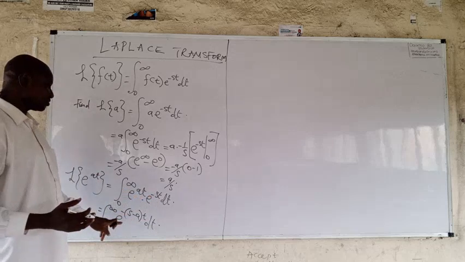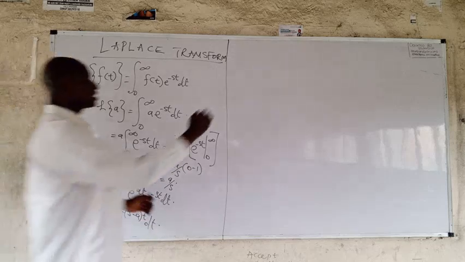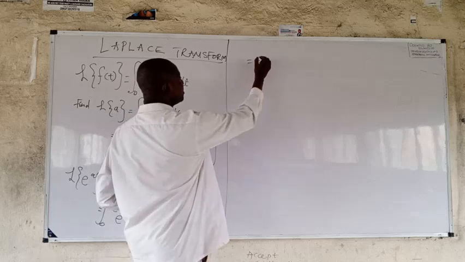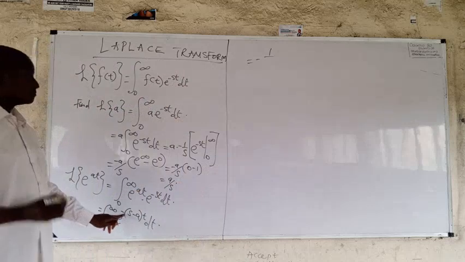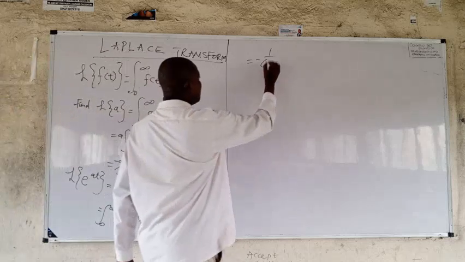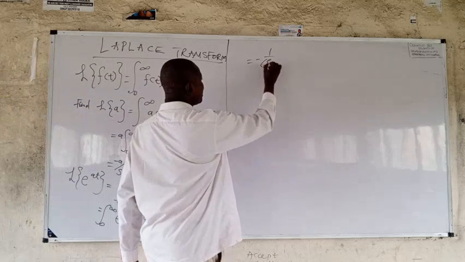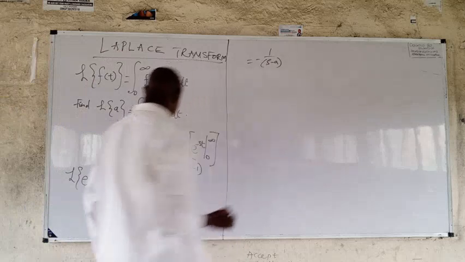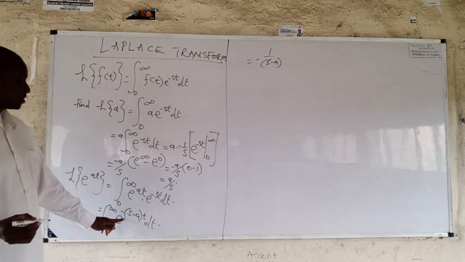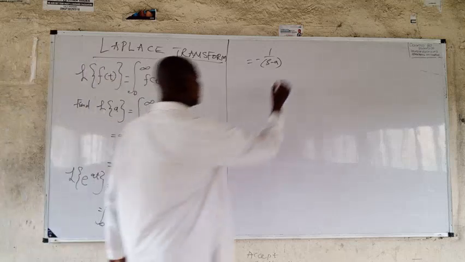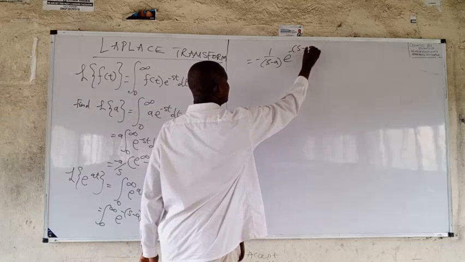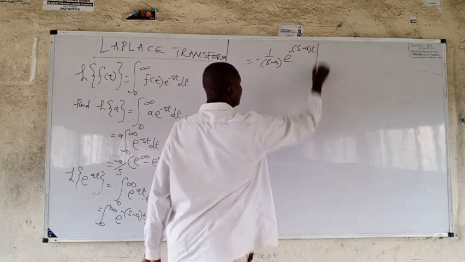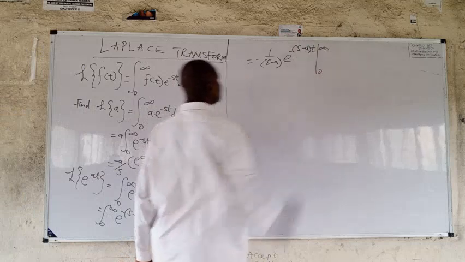So via expansion, you get this. In the course of integration too, we have the minus reciprocal of s minus a, that is, the coefficient of t. Now exponent minus bracket s minus a t, limit 0 to infinity.